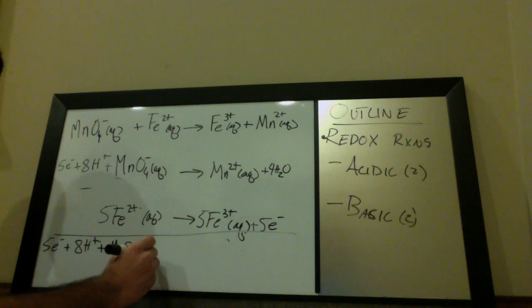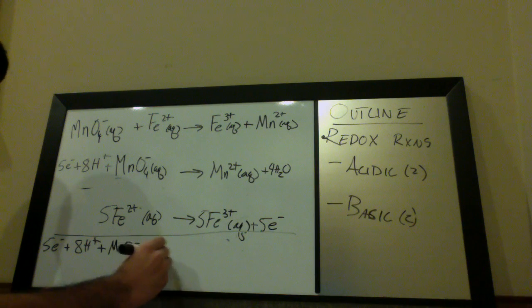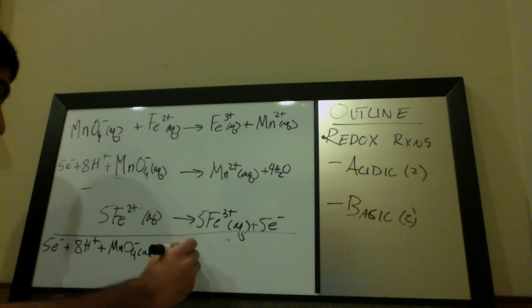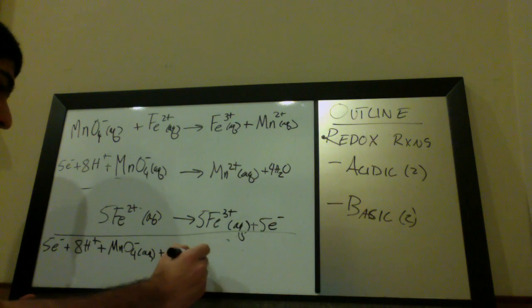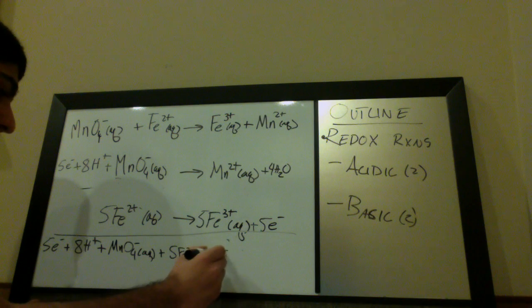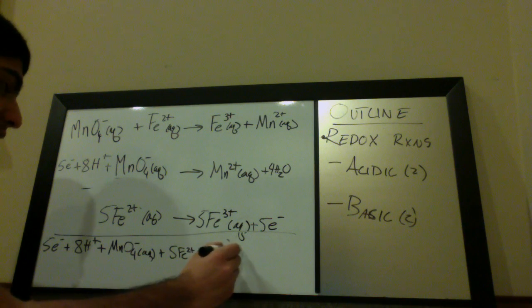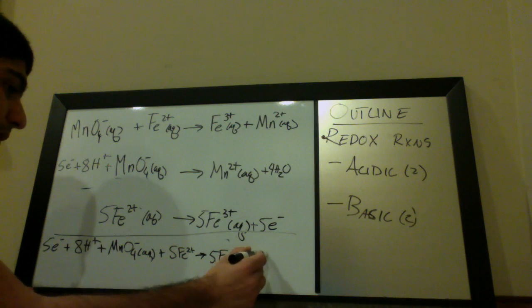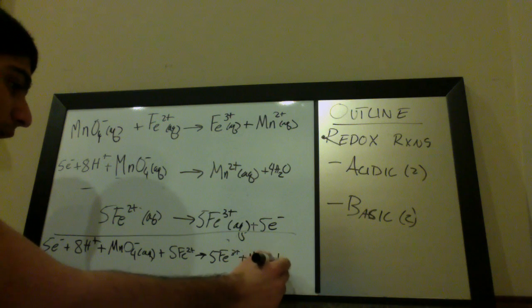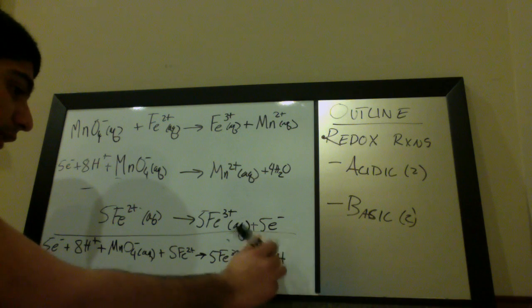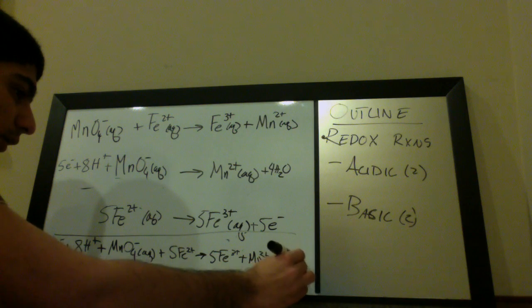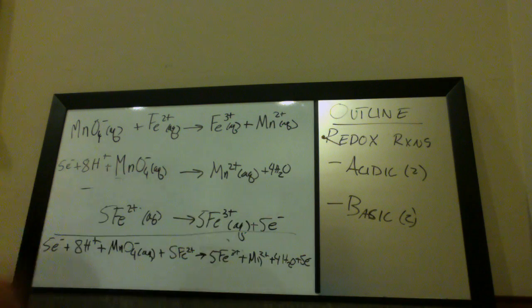Remember to put your aqueous here. 5 iron 2s yields 5 iron 3s plus 1 manganese 2, 4 water, sorry, and 5 electrons.